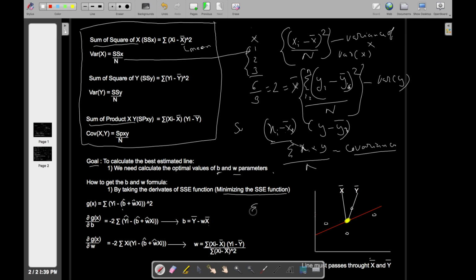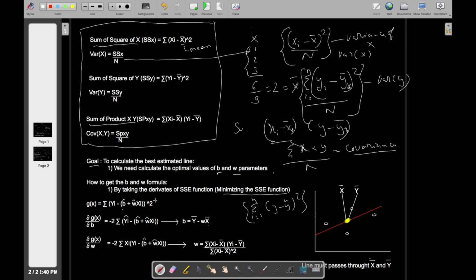You know the SSE function is the summation from i equals 1 to n of y minus y hat squared, right? This is the function called the SSE function, and we replace this y hat with the estimated formula, which for simple linear regression is b hat plus w hat x i, right?